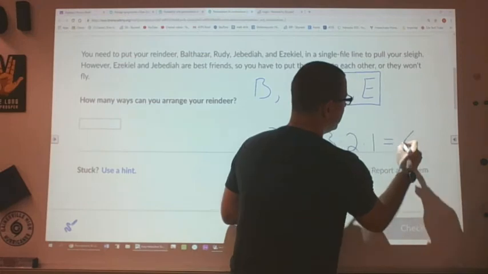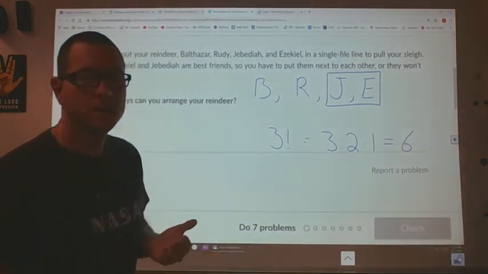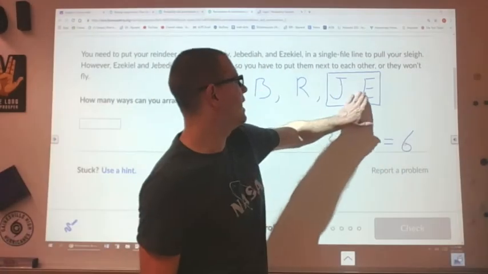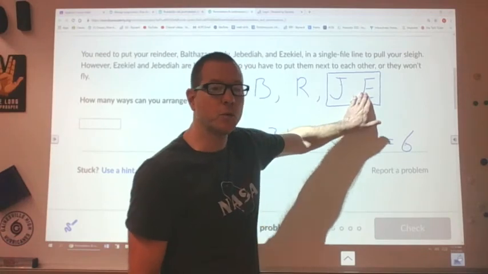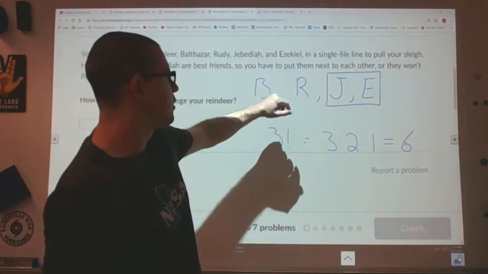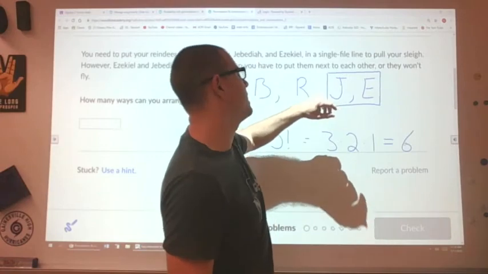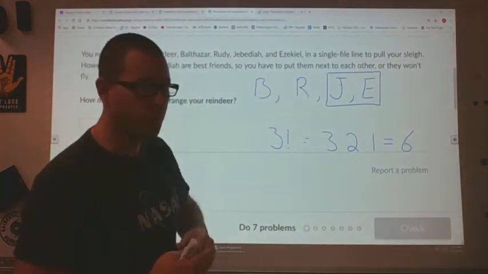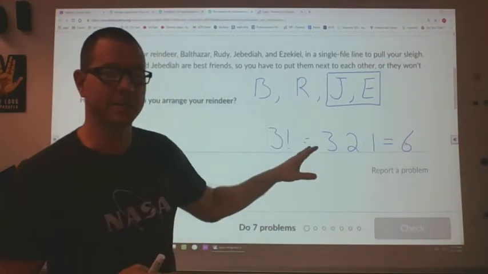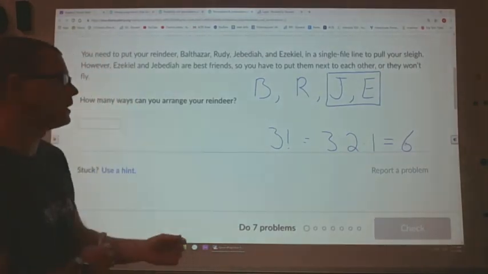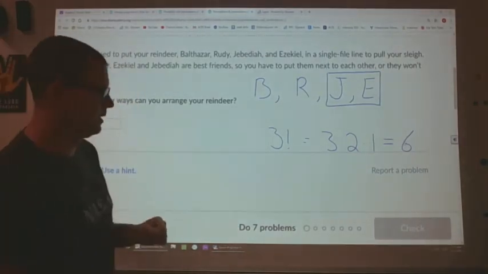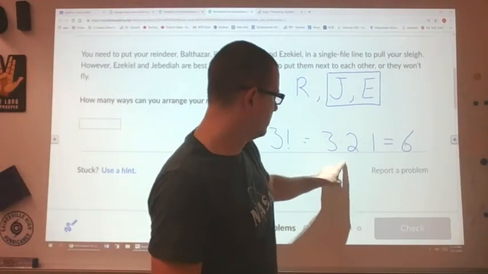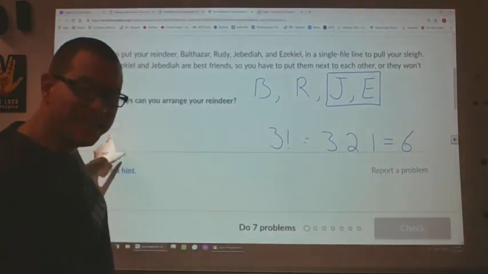So there are 6 ways that we could put these elements in different orders. Maybe Balthazar goes first, then our group of Jebediah and Ezekiel, and then Rudy, or Rudy goes first, and then Balthazar and Jebediah and Ezekiel are at the end. Either way, 6 ways. But 6 is not the answer.